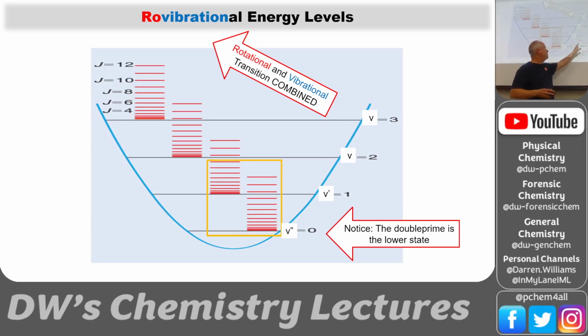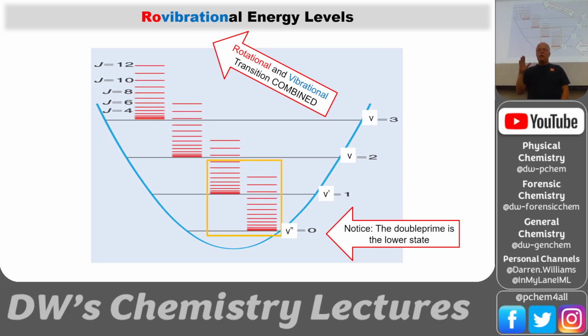Now notice here, this is just a convention that got started when they first did these experiments. They were using emission spectroscopy. And so the initial state was the prime state, and the second state that it was going to was the double prime, because that's typically the order of things, right? If I'm going to put a prime on something, I'm going to put a double prime on the second thing. And emission, that makes sense. You're starting in an excited state and you're emitting to a lower state, and so prime was the upper and double prime was the lower.